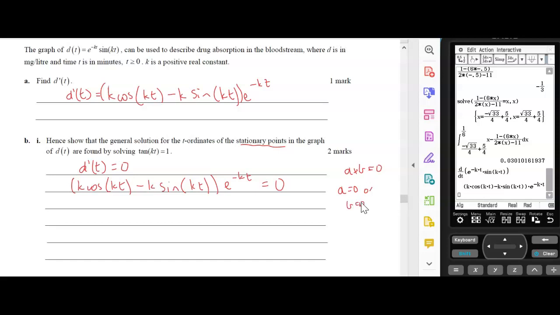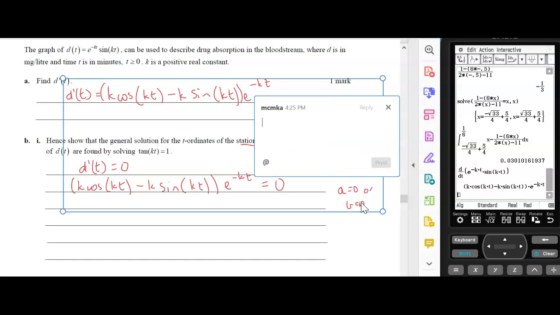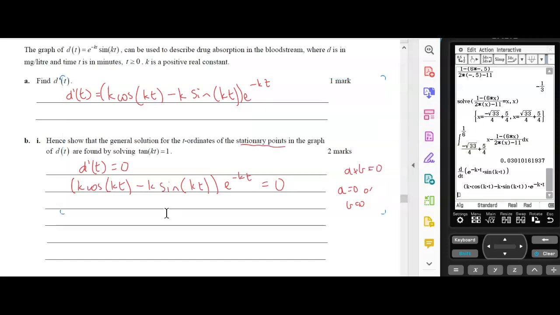So in this case, even though it's a little bit more complicated, let's take this first bracket: k cos kt minus k sine kt is equal to 0, or e to the negative kt equals 0. Now we know that this cannot equal 0, because you can't have any power and get 0, so we're just going to focus on this part here.